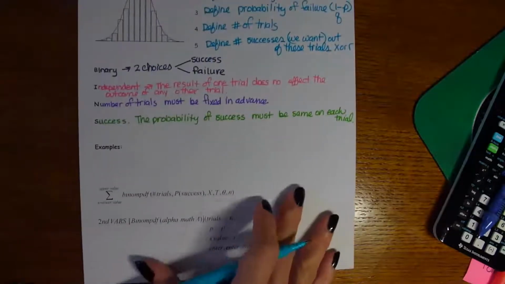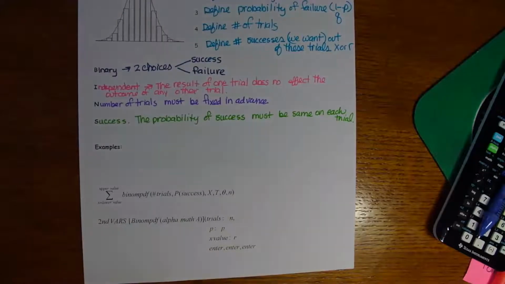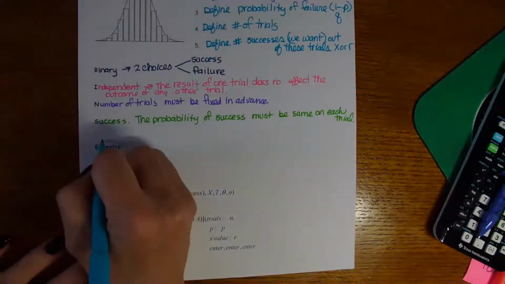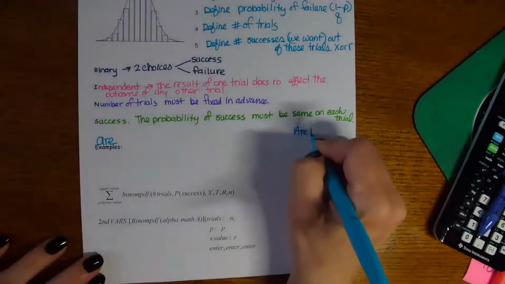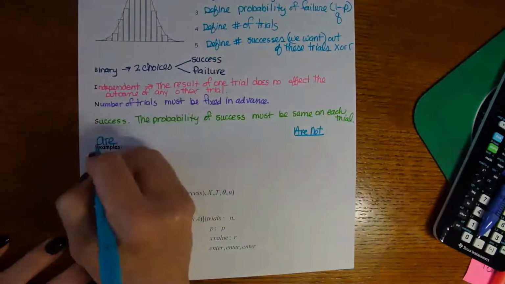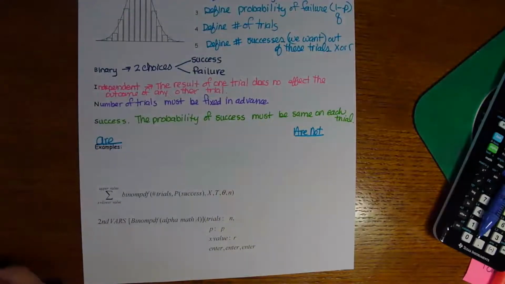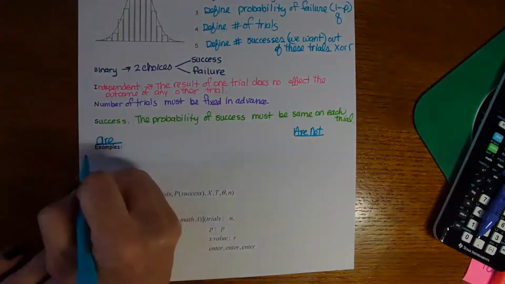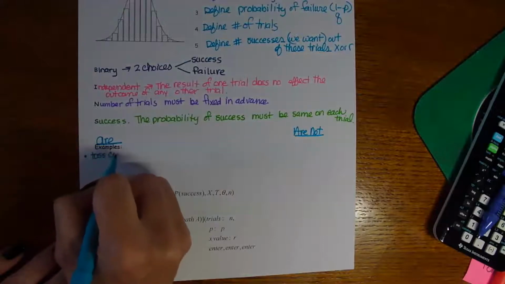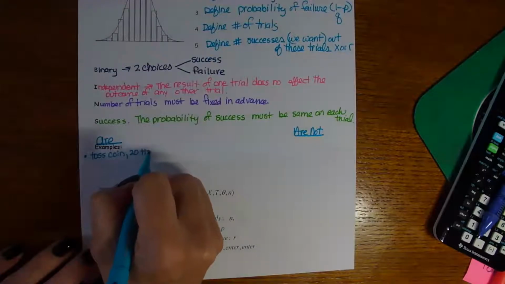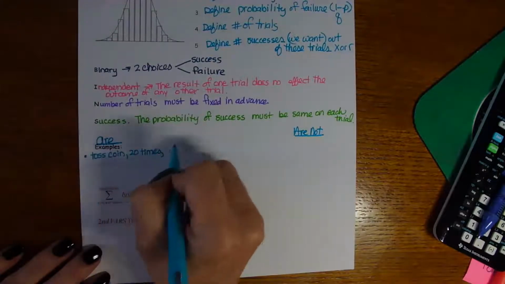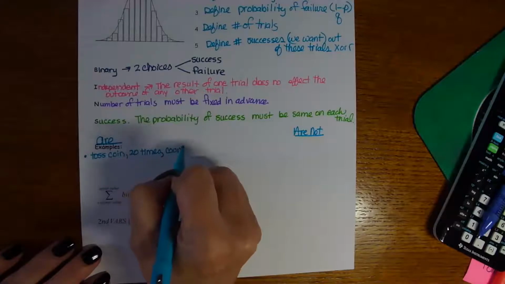All right. So what are some examples of binomial? So these are versus are not. Sometimes we have to look at what something's not to make sure we know what it is. So let's see, I toss a coin 20 times, count tails.